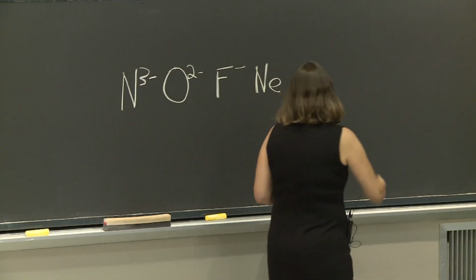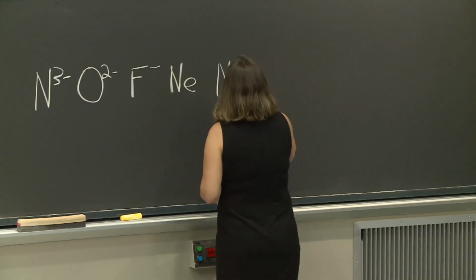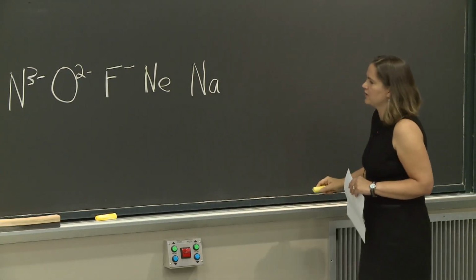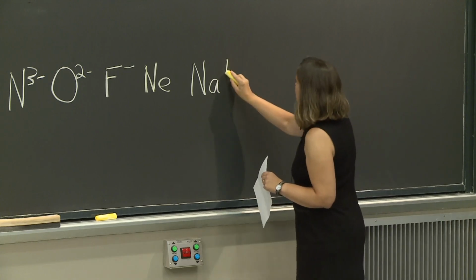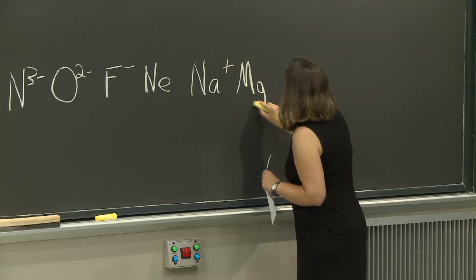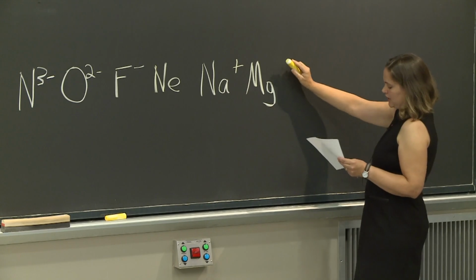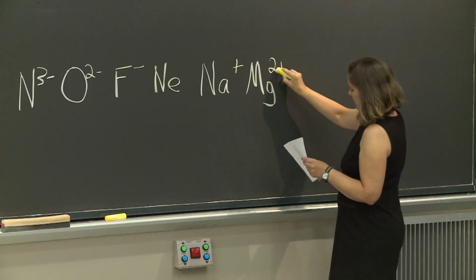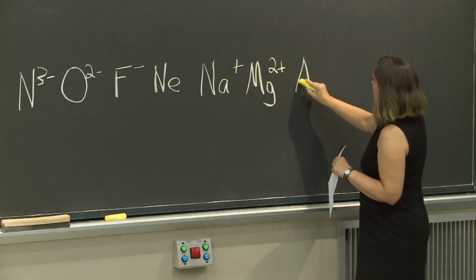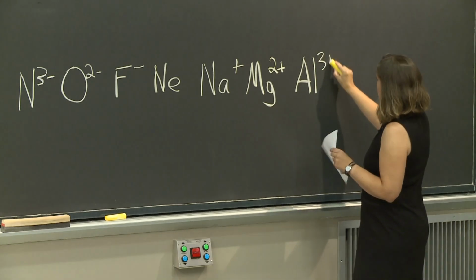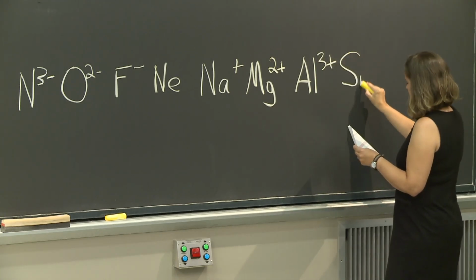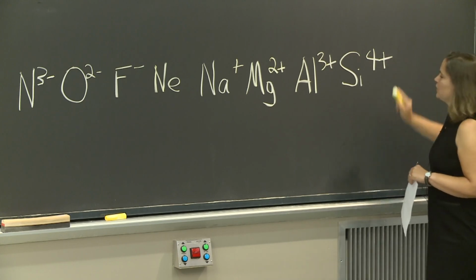Let's go on the other side. What about for sodium? What does sodium have to do to have that configuration? Plus. What about Mg? 2 plus. Aluminum. Okay. And silicon, 4 plus. So you get the idea.